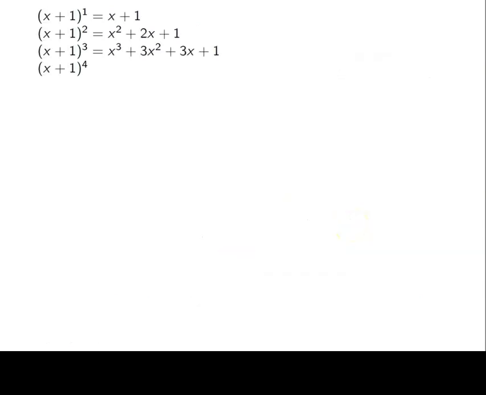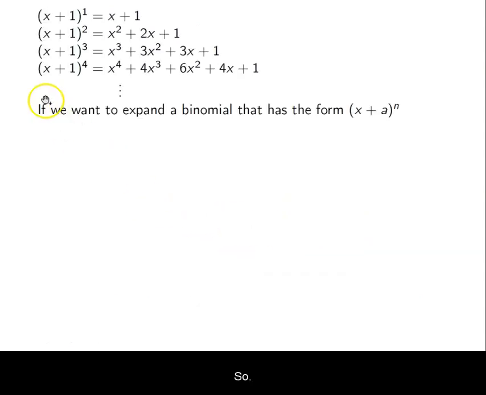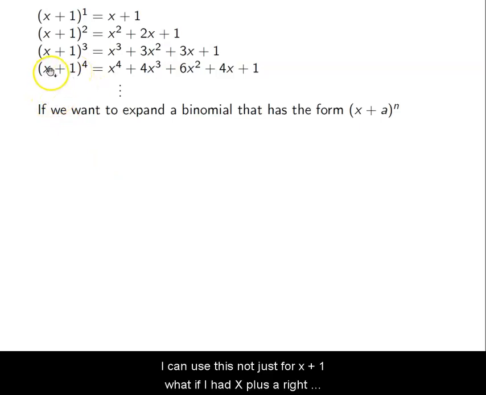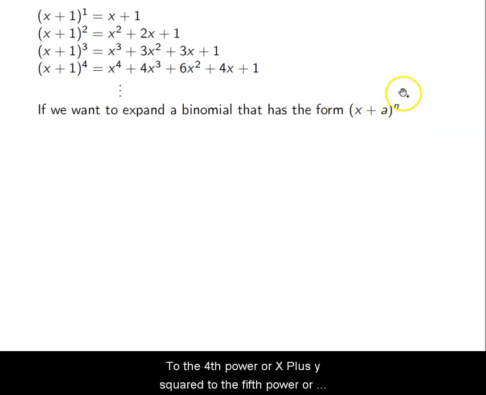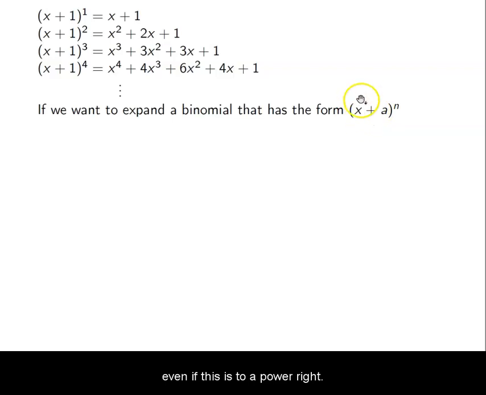All right. Let's go back here. So now I can use this not just for x plus 1. But what if I had x plus a, right? So when I say a, maybe this is x plus 3 to the 4th power, or x plus y squared to the 5th power, or even if this is to a power, right?